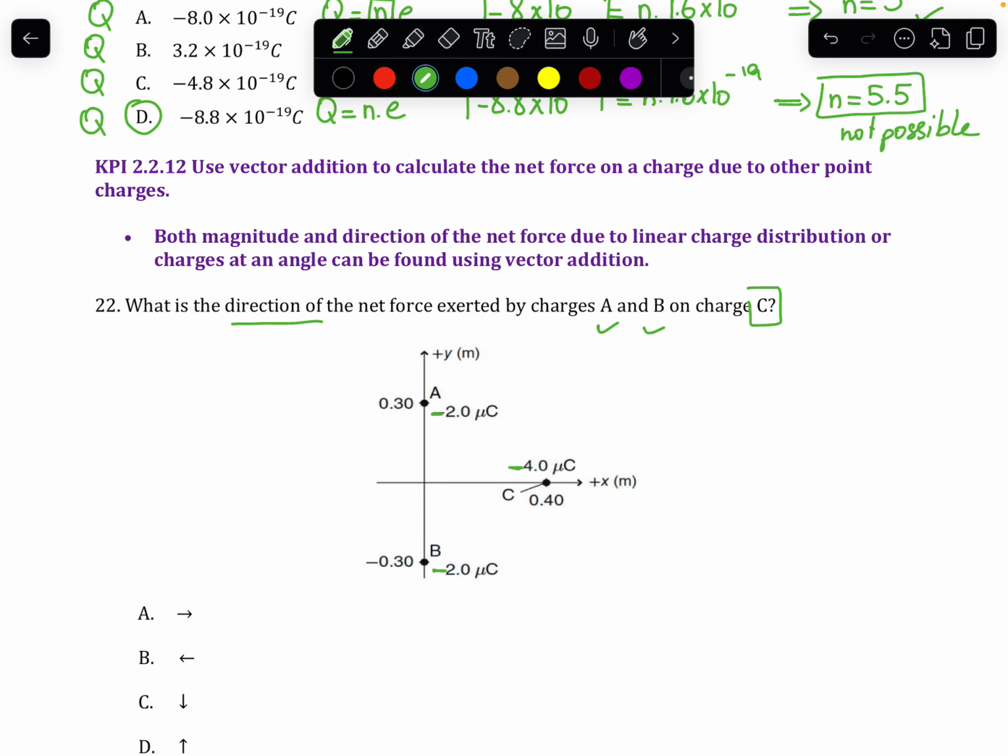So talking about A and C, C will experience a repulsion by A. So that's the force done by A on C. Also, B and C are negative, so C will also experience a repulsion by B. The net force is toward the right.